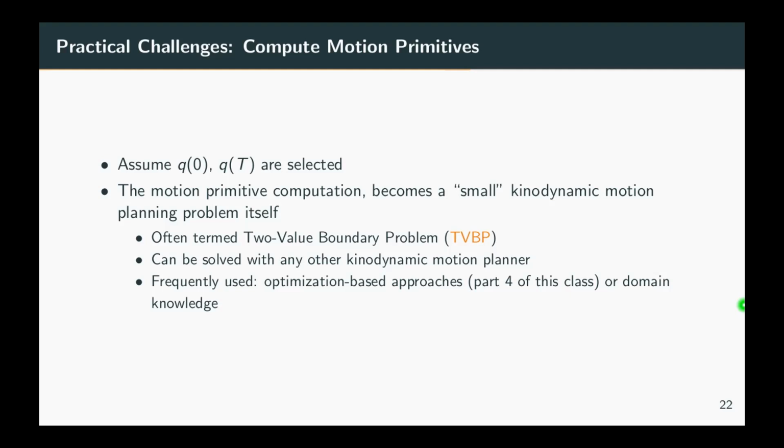Or if you don't have this particular domain knowledge, then optimization-based approaches work really well, because at the end of the day, the small kinodynamic motion planning problem is focused just on the dynamics part, not on the obstacle part, where optimization-based approaches tend to be very effective. And we will discuss some of these approaches also in the fourth part of the class later in the semester in about 5 weeks.